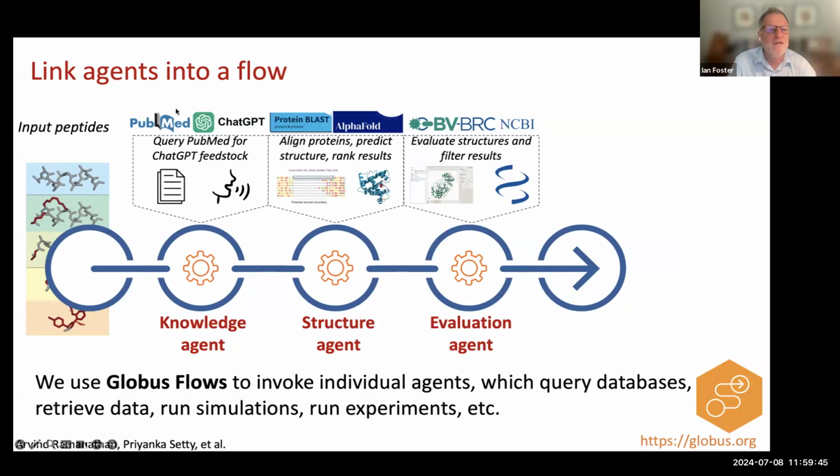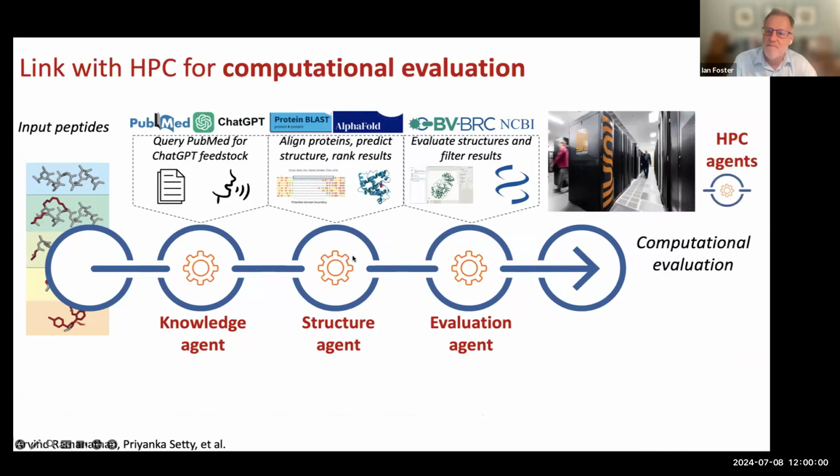And now we've got something that can go through and, given a set of input peptides, can extract some knowledge, determine a structure, and evaluate the structure. And if we wanted to maybe use HPC for running things, then we have an HPC agent that knows about how to run things on HPC.